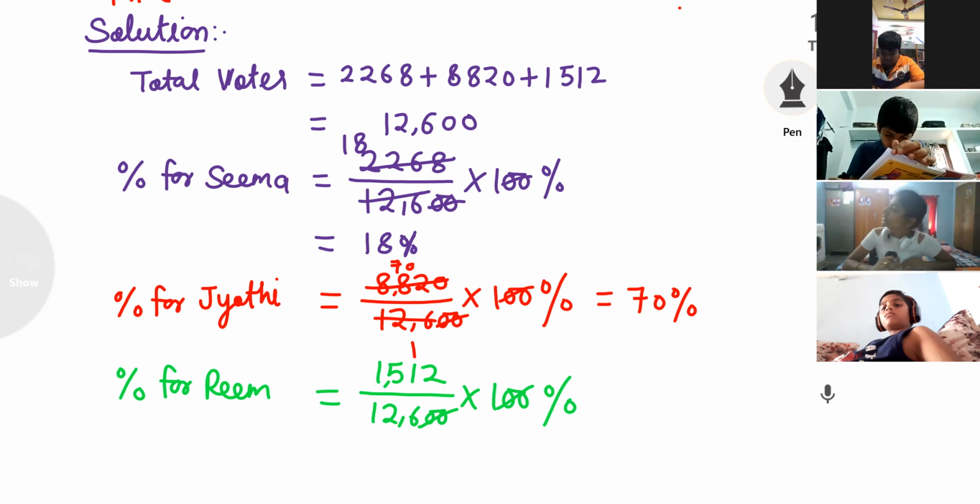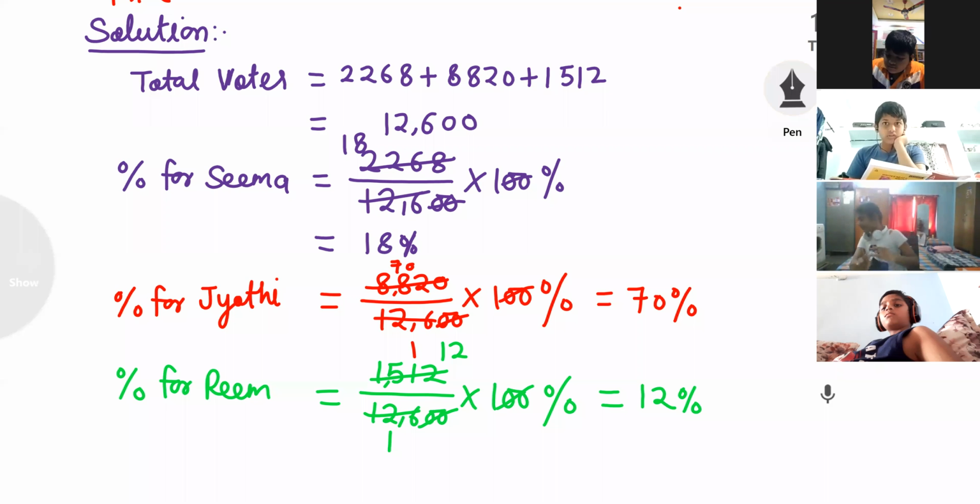This 20, 20 cancel. 1,512. Rima got 12%. 18%, 70%, and 12%. Total addition is coming 100%. And this question is a very interesting and very important question, students. For the past 2 years onwards, they are asking this kind of question in the main exam.